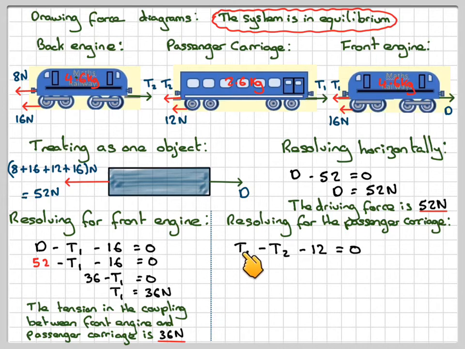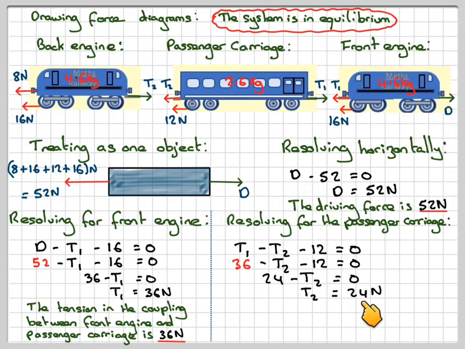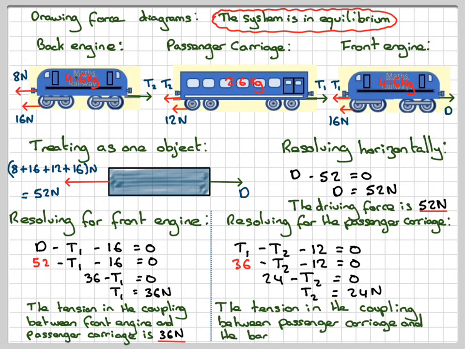We know that this is 36, so we've got 36 minus T2 minus 12 is equal to 0. 24 minus T2 is equal to 0, and that gives that T2 is 24 newtons. Therefore, the tension in the coupling between the passenger carriage and the back engine is 24 newtons.